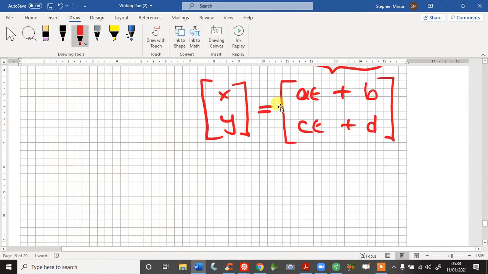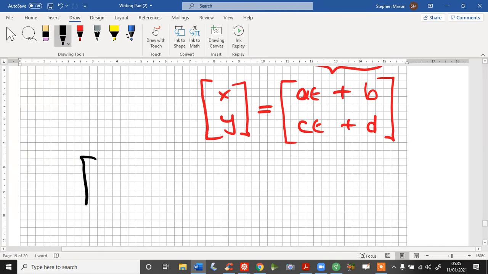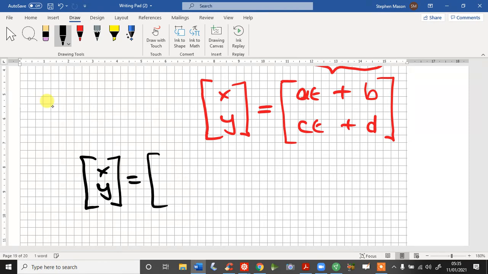We'll consider this here. If we return to black ink, we'll rewrite this down. We've got x and y, and that's equal to at plus b, ct plus d.